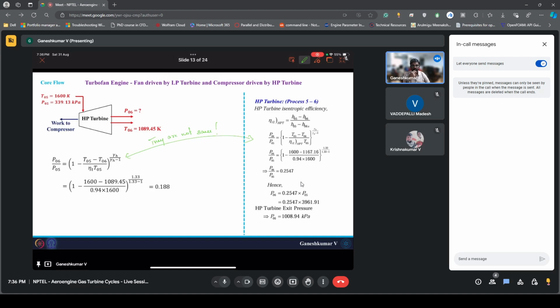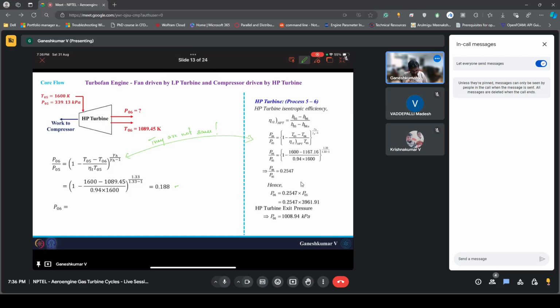If you do this calculation, you get a pressure drop across the HP turbine of around 0.188. This also proves that ideally this should be lesser than the pressure drop we see in the turbine in configuration 1, because it is driving a lower pressure ratio compressor, and that is clearly visible.